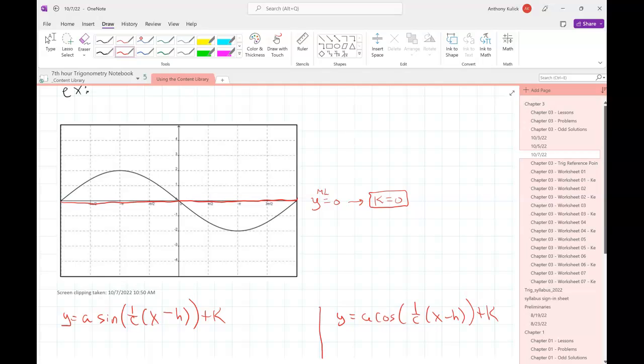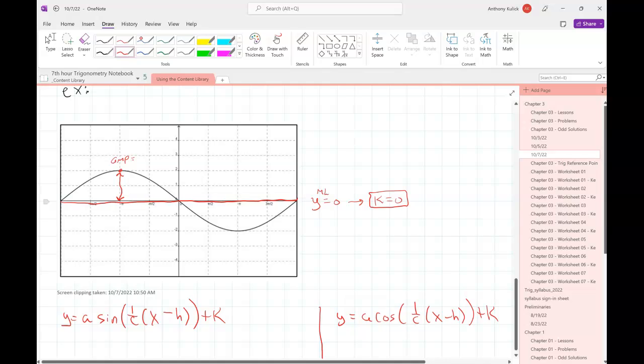All right. Let's find the amplitude next. In words, what is the amplitude? It's the distance between an extrema and the midline, right? So maybe let's look at the distance between this maximum and the midline.